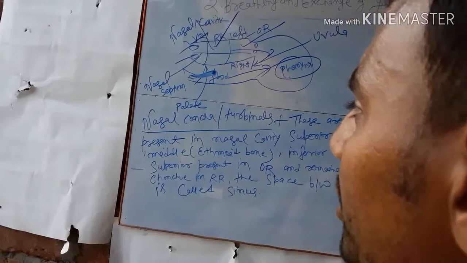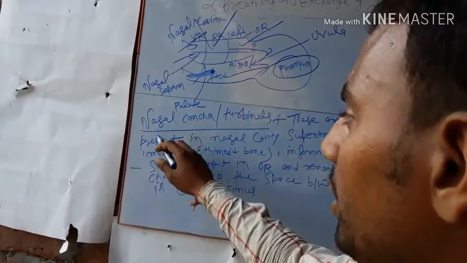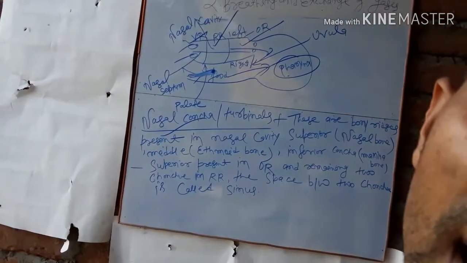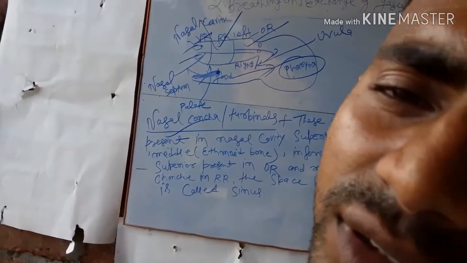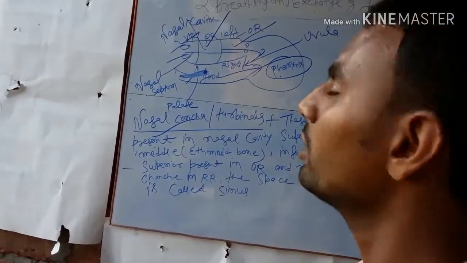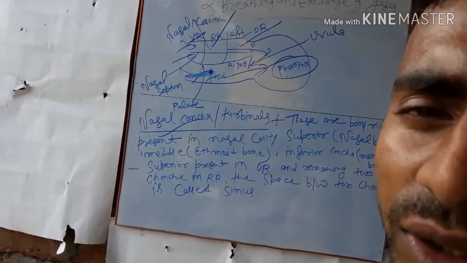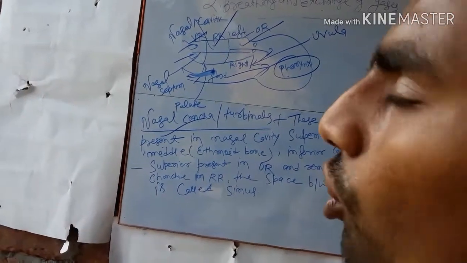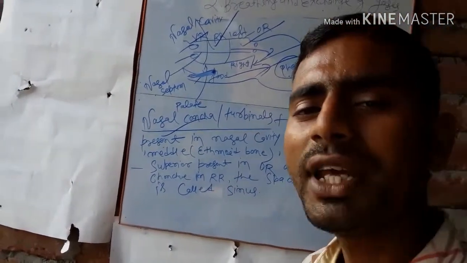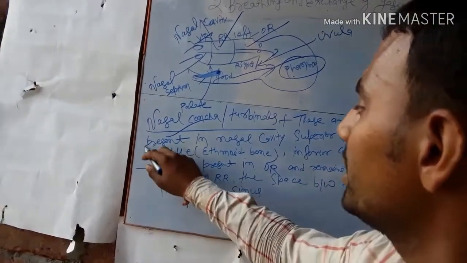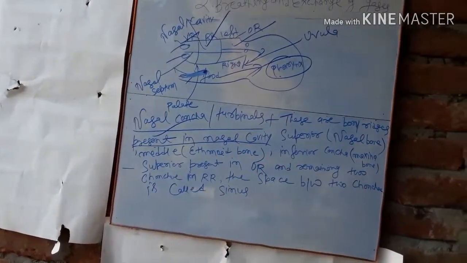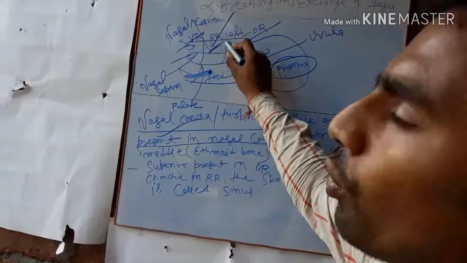After that, what are the nasal conchae? These are bony ridges.